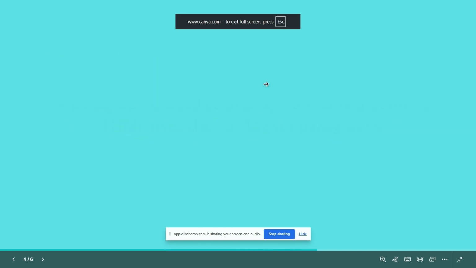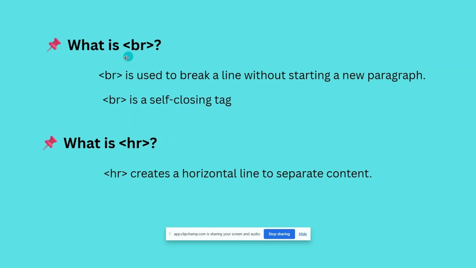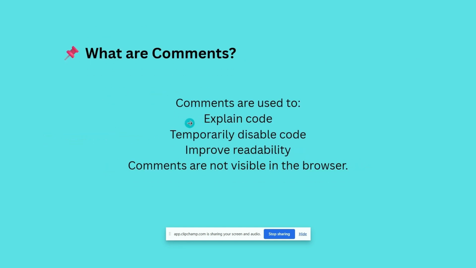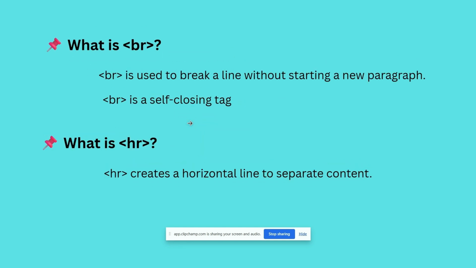Next we are going to see the use of the BR tag and the HR tag. BR means break line. It will break the line and move the text to the next line without adding space like a paragraph.